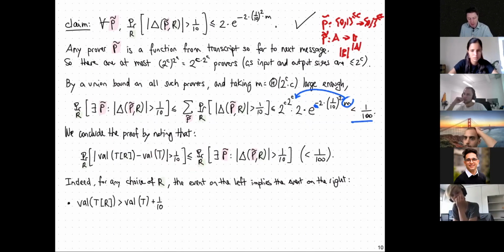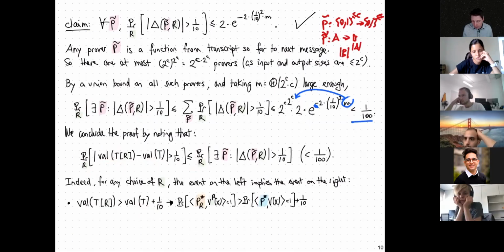Let's say it was the case that the value of the residual tree for a particular choice of R is greater than the value of the original tree plus 1/10. That means that there is some optimal prover against the residual tree, and some potentially different prover against the original tree, for which these probabilities behave like this, right?